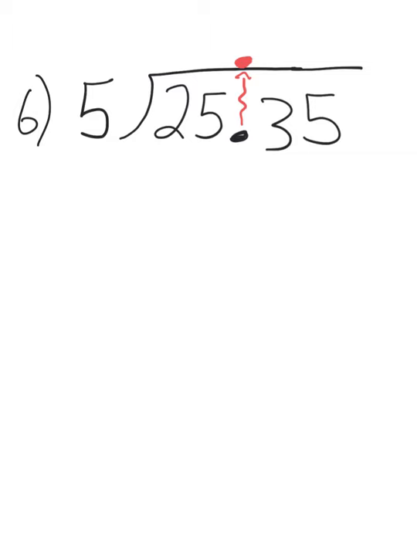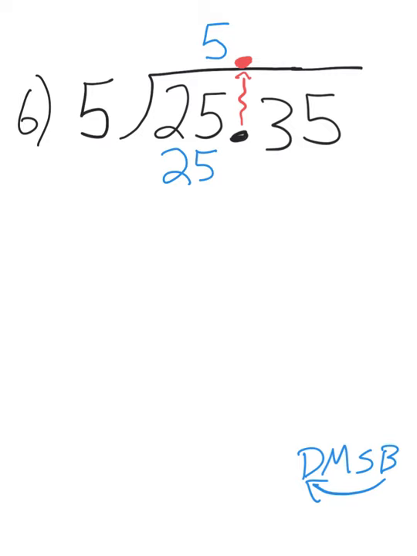Yep. 25 divided by 5 is 5. That was the D step. Now we need to multiply. 5 times 5 is 25. Now we subtract. We have 0.